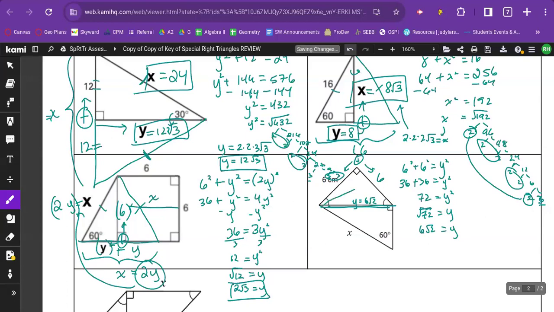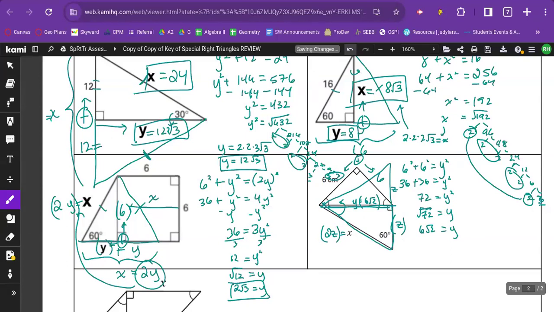Now I can reflect this over the 30, and that'll get me the fact that this is, if I make this z now, because that'll be z plus z to get me 2z. So I'll have 2z, z, and 6 root 2.